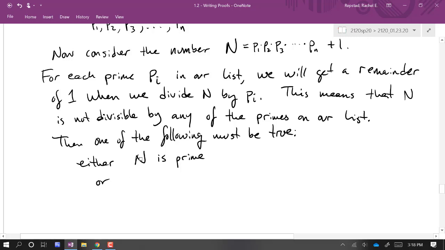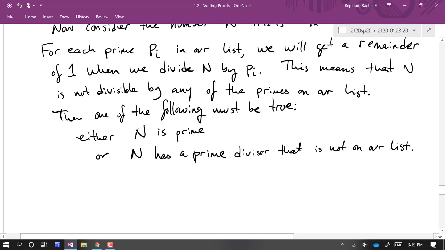Like, either N is a prime that's not on our original list, or if it's not prime, it has a prime divisor that was not on our list to begin with. Either way, our list of primes is incomplete.